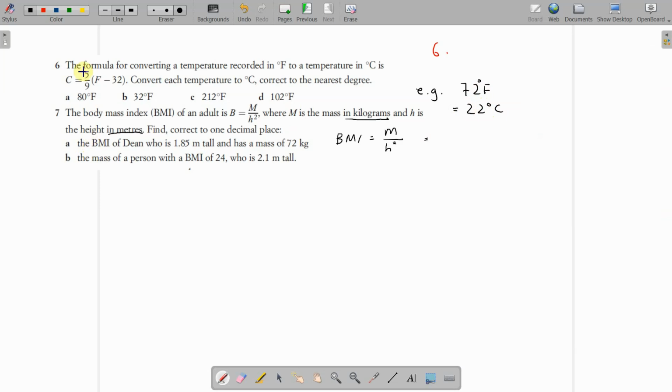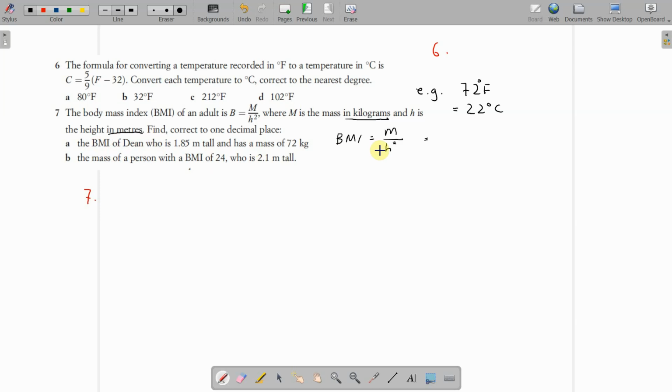Question 7. Let's go over here. Body mass index of an adult, BMI, is M over H squared. What's M? M is the mass, I imagine, of a person, in kilograms, and H is the height in meters, squared. So for this first one, let's do an imaginary example.